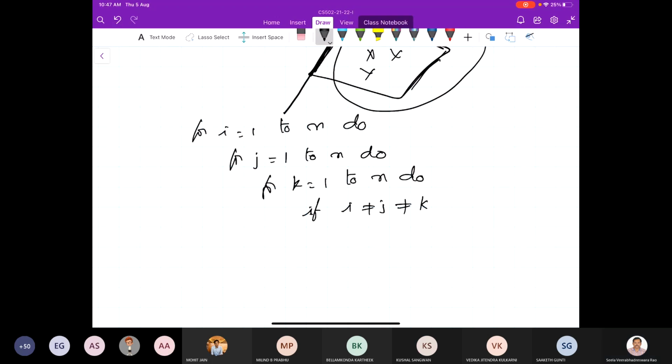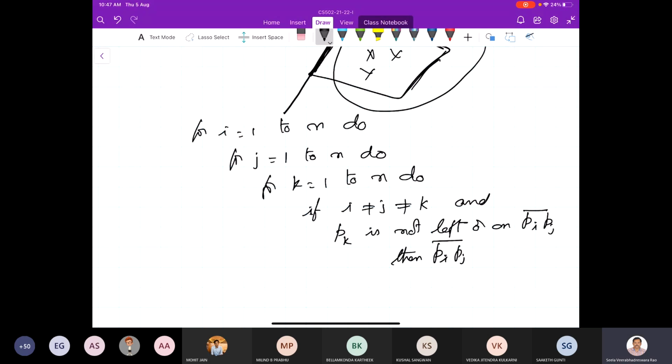So how are we checking? This P_k is not left of or on the line segment P_iP_j.